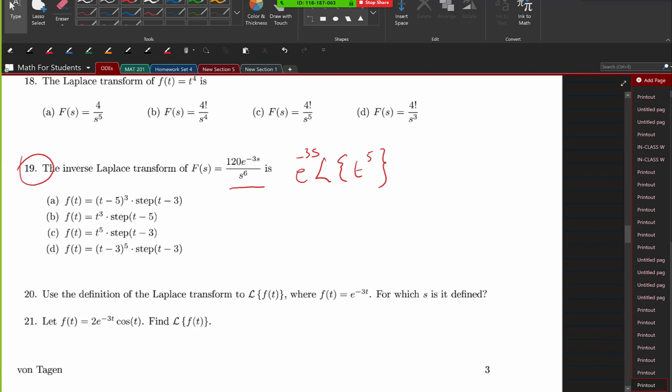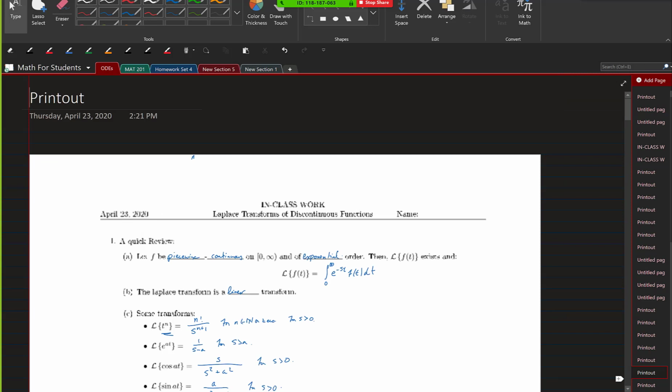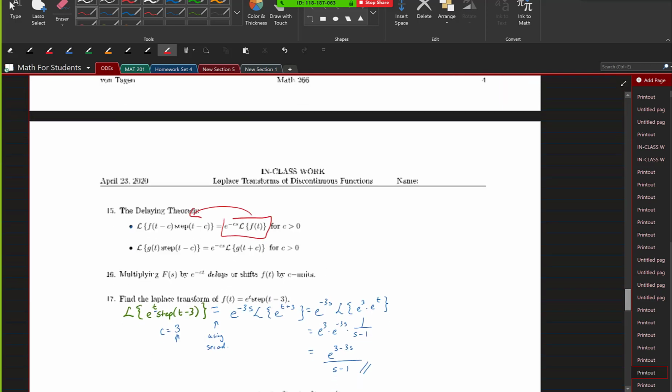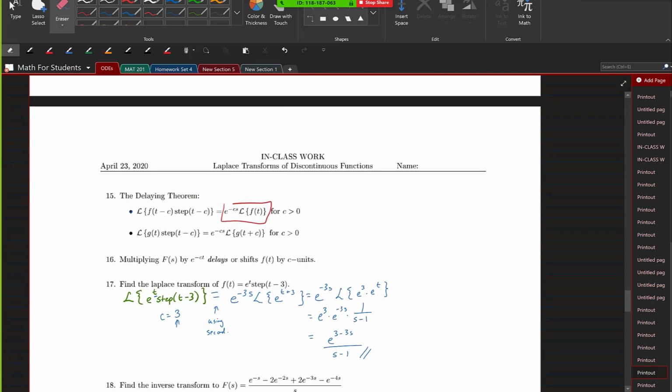To be honest, I don't have this memorized. I go back and I look at these delaying theorems. And I look at this one right here. So I had e to the minus 3s times the Laplace transform of t to the fifth.